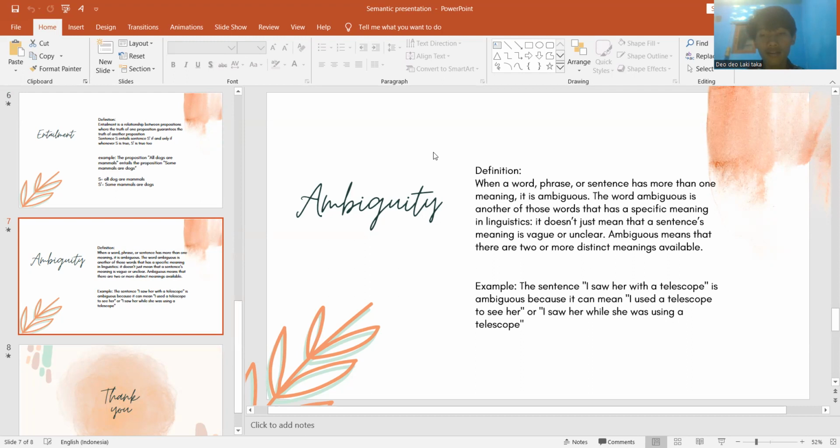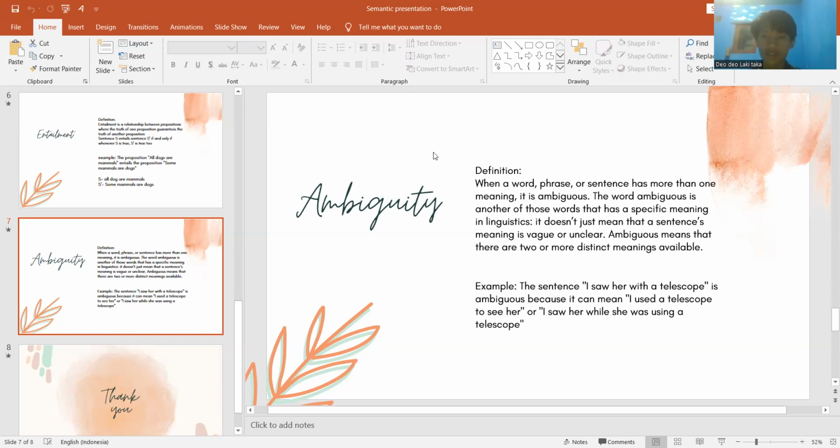The sentence "I saw her with a telescope" is ambiguous because it can mean I used a telescope to see her, or I saw her while she was using a telescope. So from ambiguity, one sentence can have two or more meanings, like "I saw her with a telescope."